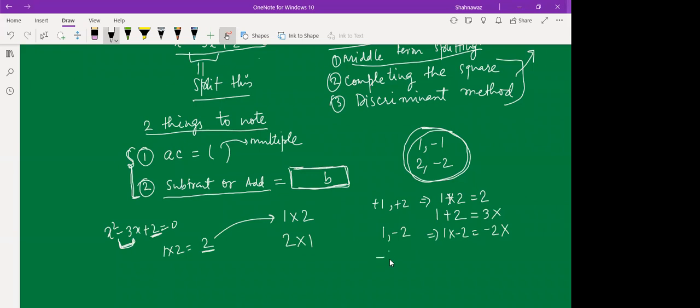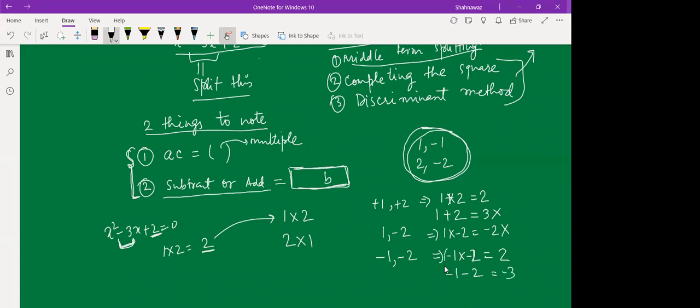So you take -1 and -2, right? What will be the multiplication of -1 and -2? 2, right? And what will be the addition of -1 and -2? This will be -3, right?